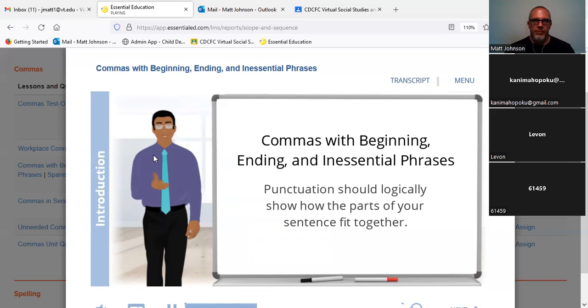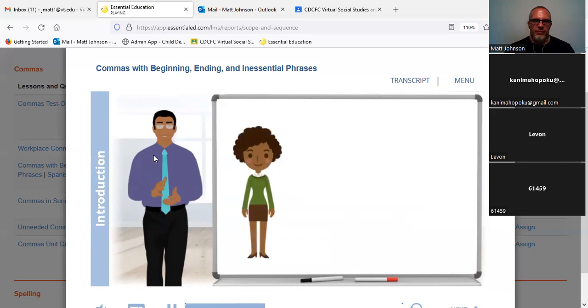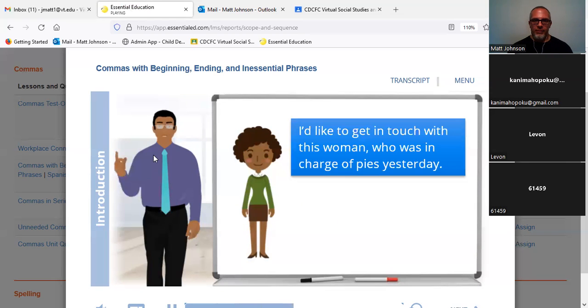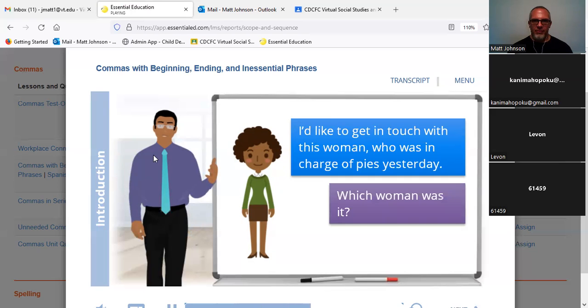There was one student I had who went to a family reunion. She was trying to find the contact information for someone she met there. She didn't know the woman's name or relationship to her, and she texted her cousin. She wrote this sentence: "I'd like to get in touch with this woman, who was in charge of pies yesterday." So her cousin texts back, "Which woman was it?" Well, they eventually figured it out, but when I looked at my student's sentence, I thought I saw what was going on.